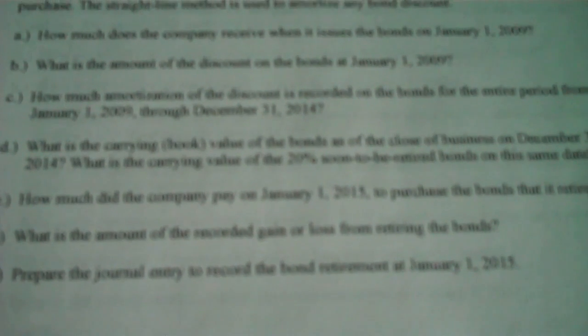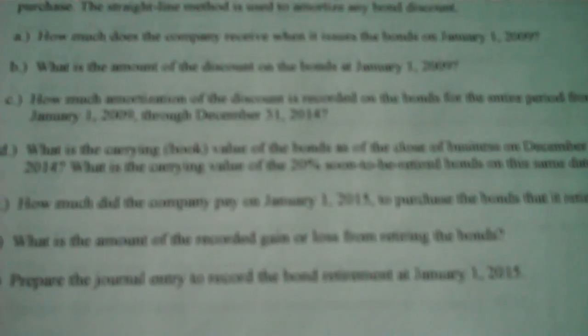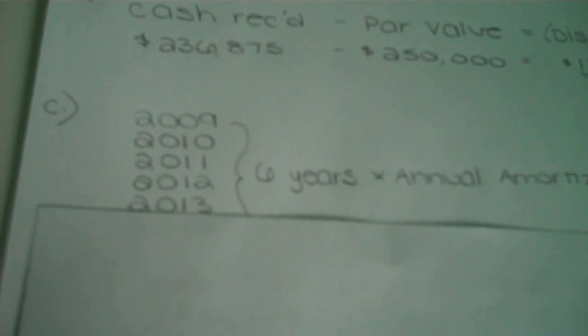Part C wants to know how much amortization of the discount is recorded on the bonds for the entire period from January 1st, 2009 through December 31st, 2014. And starting this part of the problem, I first wanted to know how many years are we dealing with.